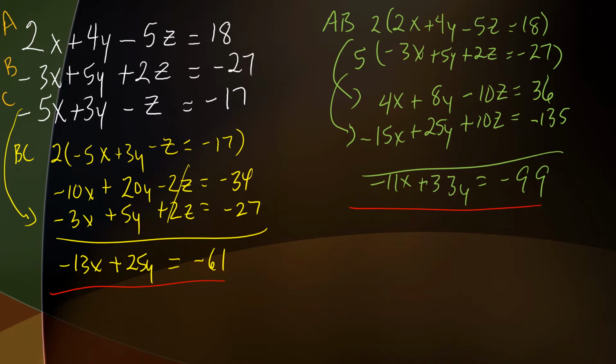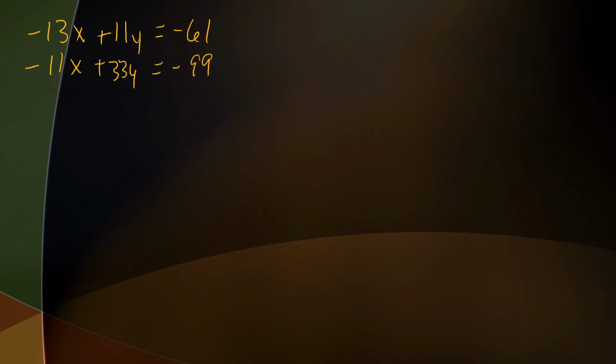And let's see, I wonder if I got enough room here on this. Well, I think I got enough room to find maybe one of the variables. No, I think I'll go to another slide. Okay, so I brought over the two equations that I was left with after eliminating the z variable.